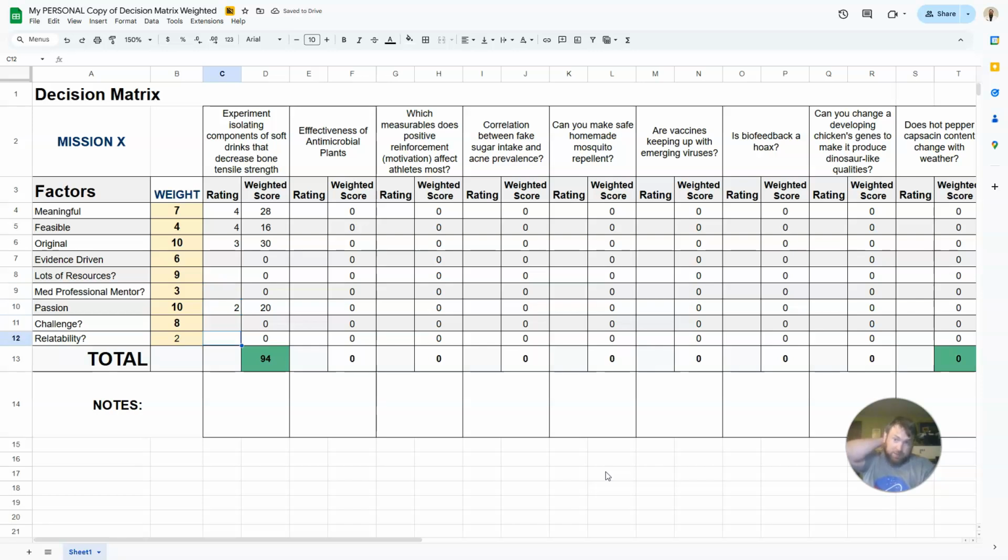Is it relatable? So many people my age drink soft drinks or used to drink soft drinks, so that's pretty high up there. Is it a challenge? Probably in the middle. Do I need a professional mentor? No. And that doesn't matter to me, so that's going to be okay there. Lots of resources, sure. That's going to be lots of things available to me, and I'm okay with reading some things. Evidence driven, sure, 5 there.